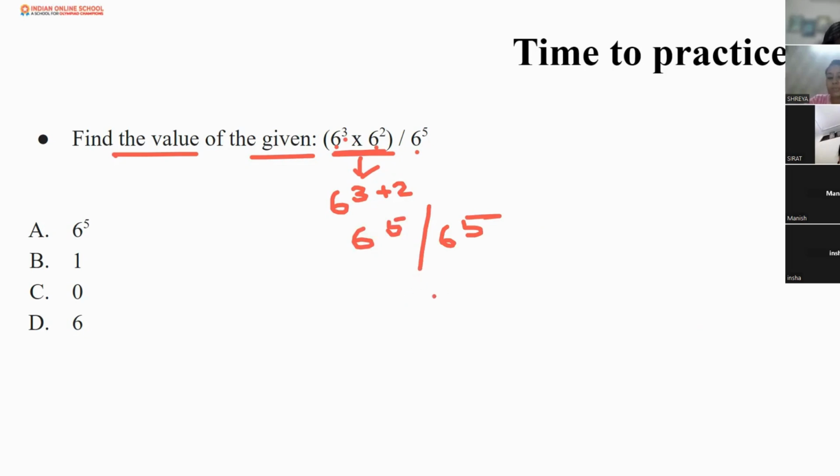Second law of exponent: same base under division, you subtract. 5 minus 5 becomes 0. So 6 raised to 0. Anything raised to 0 is 1. So my answer is 1. Do you understand how to solve the sums? Yes, ma'am.